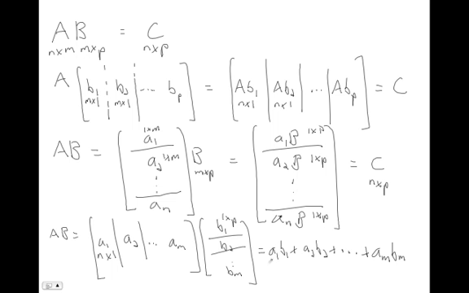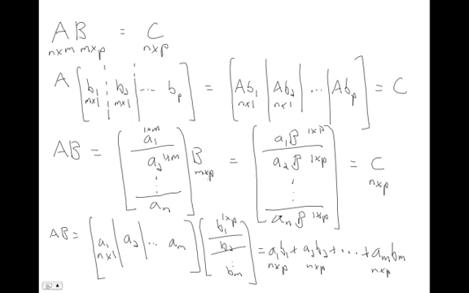So this is an n by p matrix. I'm taking a column vector times a row vector, and I'm getting an n by p matrix. And this thing here is an n by p matrix, and this thing here is an n by p matrix, which makes sense. They have to be the same dimension if I'm adding them together. So I'm taking a bunch of n by p matrices, adding them together to ultimately form this C matrix, which is an n by p matrix.